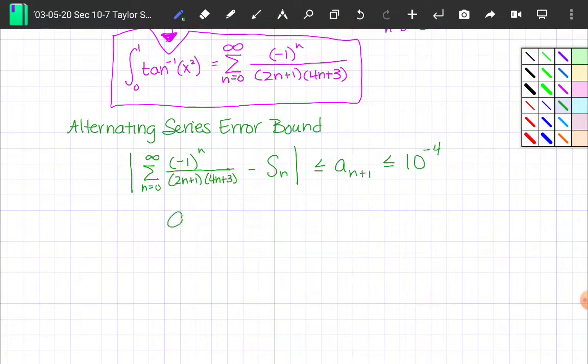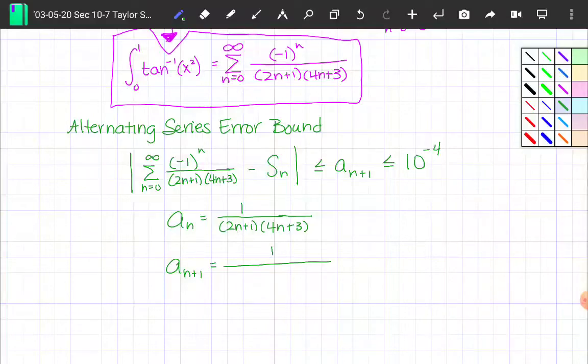So we know that a sub n, so I'm just looking at the positive part, so I'm going to ignore that negative 1 to the nth. My a sub n is this. So my a sub n plus 1 is, let's see here, that would be 2 times n plus 1, so 2n plus 2 plus 1 would be 2n plus 3.